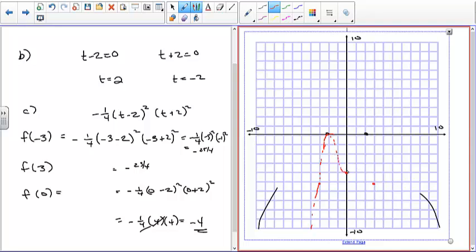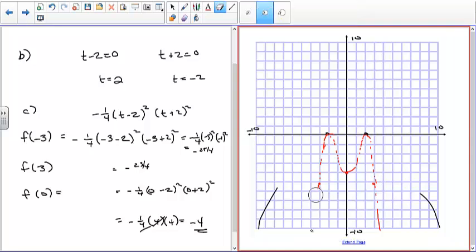Then it's going to loop back up, go back to the x-axis, touch it, but not intersect it. Then go back down through this point and continue on. So I'm going to make a modification to this. It's a little steeper than I originally thought it would be. So you can see the end behavior matches what we thought it would be.